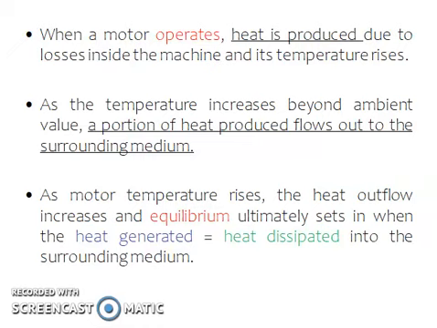The amount of outflow of heat is a function of temperature rise of the motor above the ambient temperature. As motor temperature rises, the heat outflow increases and equilibrium ultimately sets in when the heat generated becomes equal to heat dissipated into the surrounding medium.